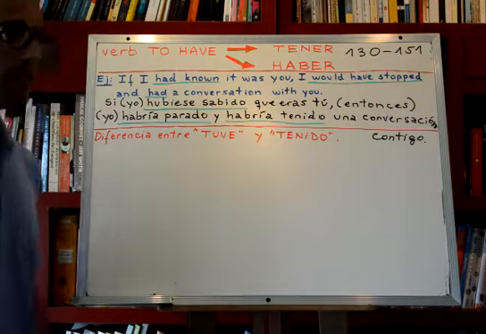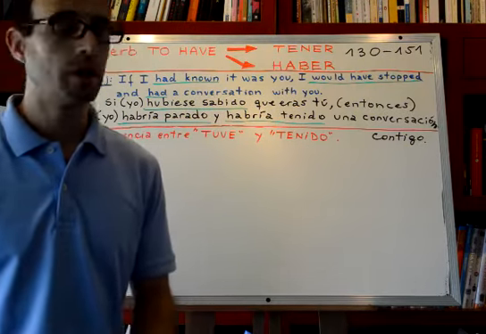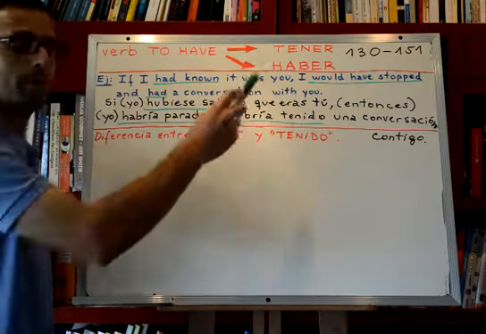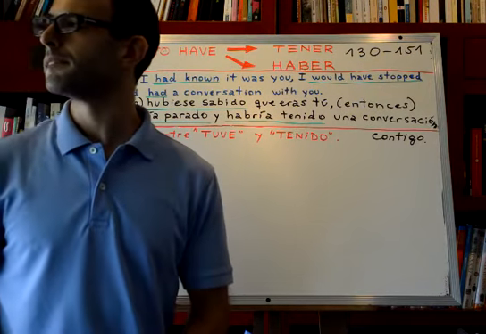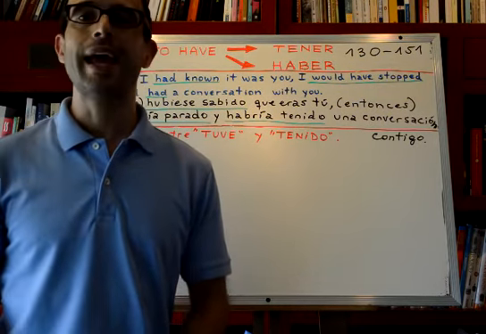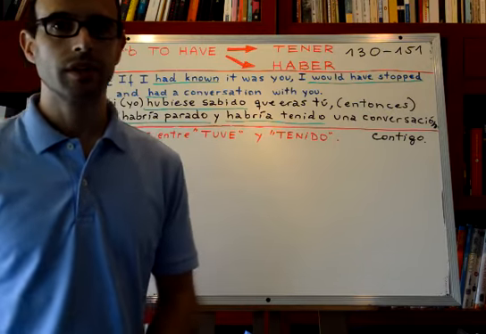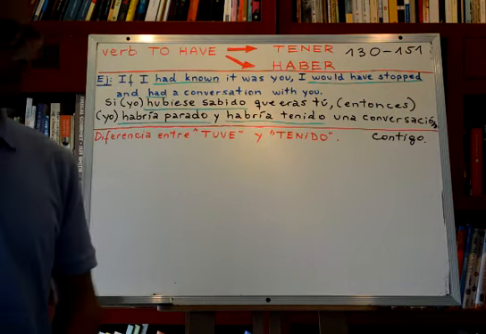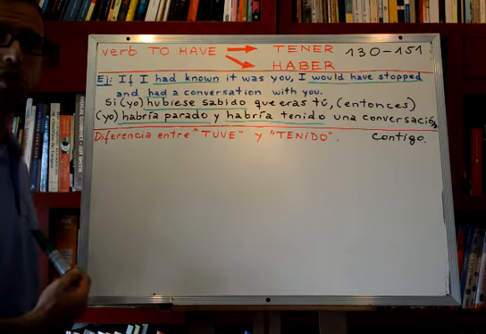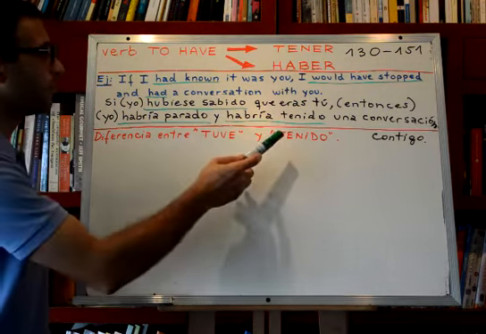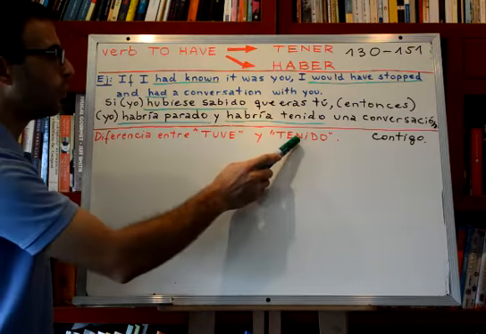Tenido is the past participle of the same verb, okay? For example, I had had a black car. Yo hube tenido un auto negro.